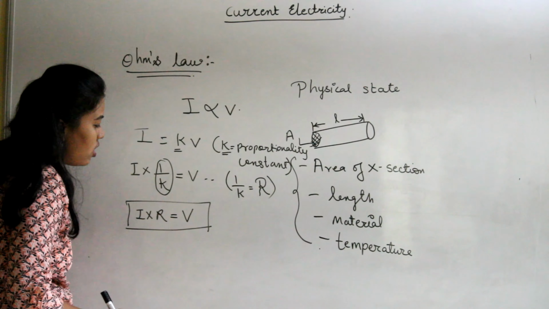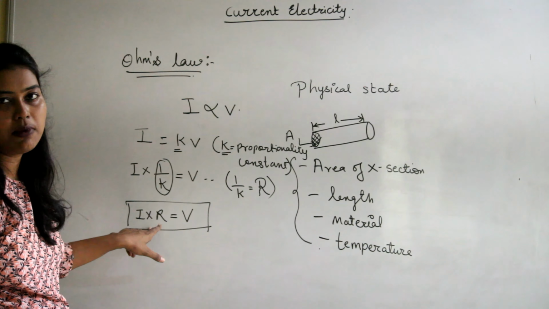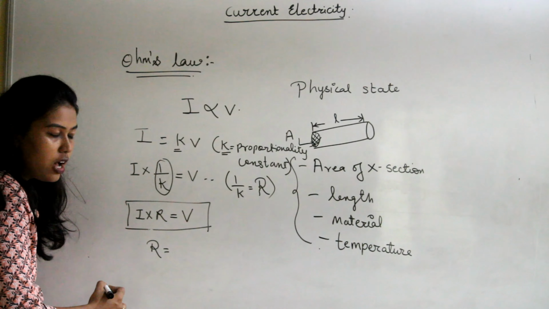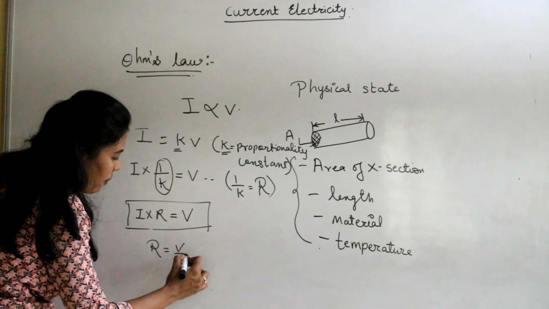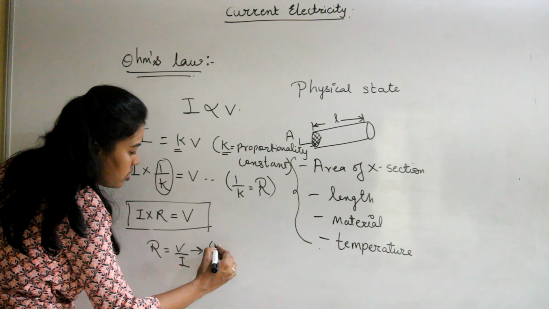Ohm's law states that the voltage is equal to your current multiplied by resistance. And from this, you can say that R is equal to V upon I. Voltage is measured in volts.